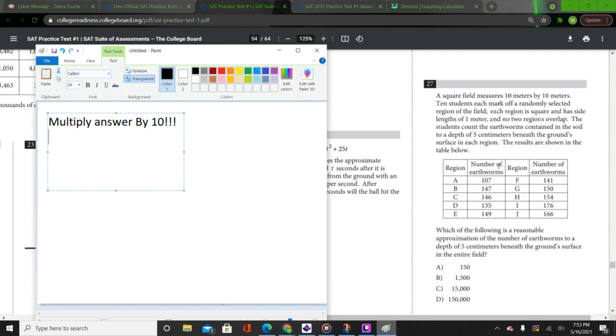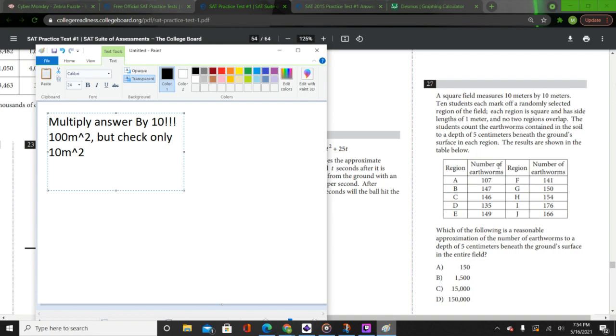So for 27, we have to realize that the field is 100 square meters, but we only checked 10 square meters. So whatever we get, we're going to multiply by 10.